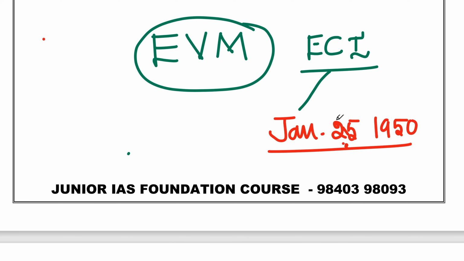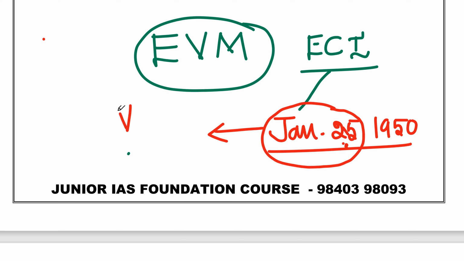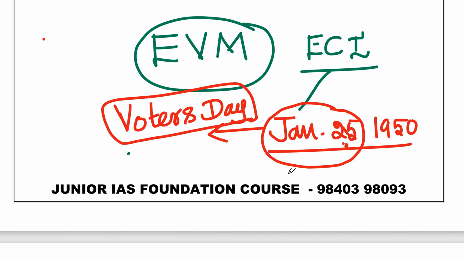India became a Republic on January 26, 1950, but the Election Commission of India was formed on January 25, 1950. So this January 25 is observed every year as what day? National Voters Day. Every year, January 25.